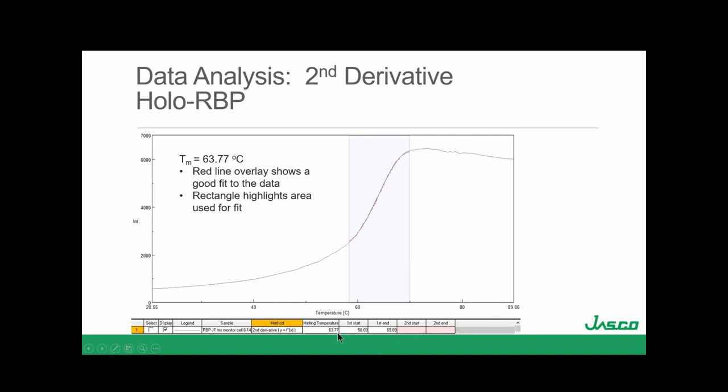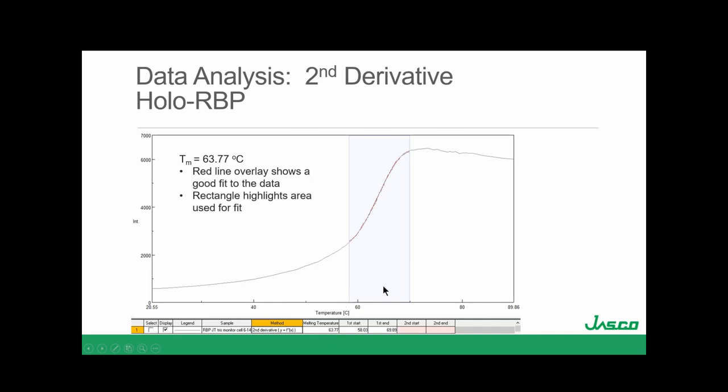Didn't do that for this talk. Notice that we have a rectangle here, and that rectangle is user selected, and it highlights the area used for the fit. Okay, you see that there is a red line overlaid on the data, and that red line looks like it fits actually quite well, so that's good. So this range that I've selected is probably a good range to calculate the thermal melt.